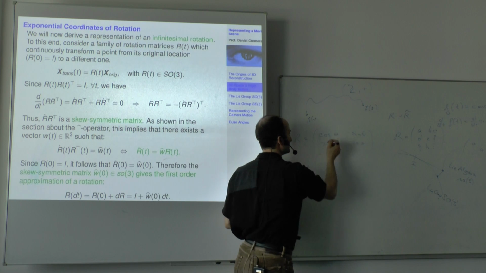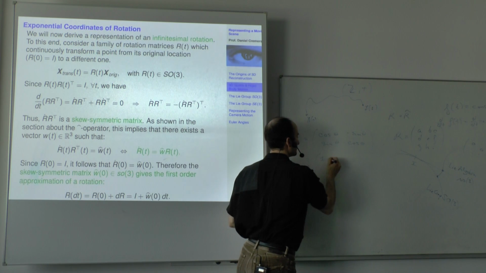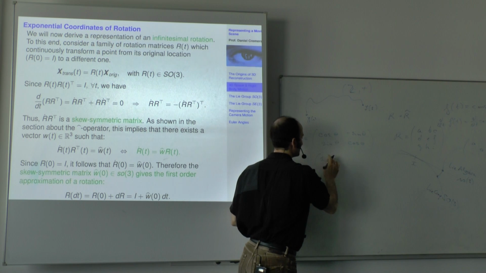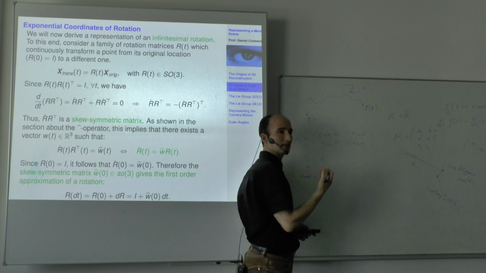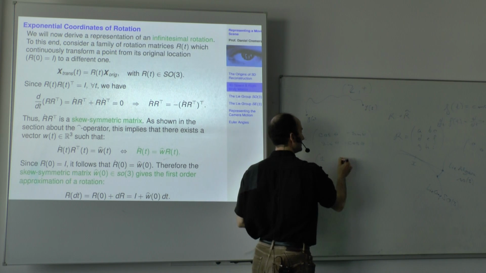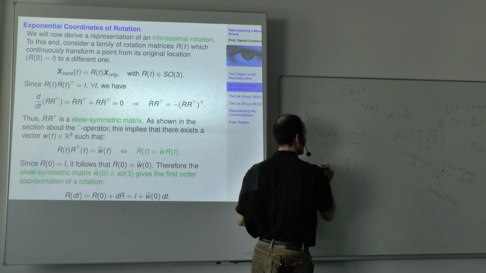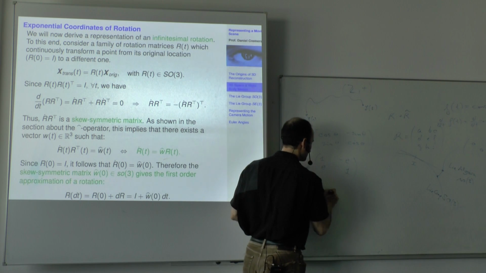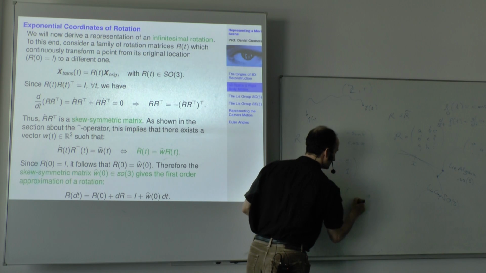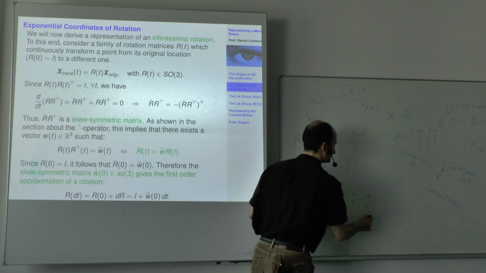And what I get is cosine theta is 1, and then the next term is in theta squared, so I can drop that. And sine theta is the first order expansion, just theta. And so this is nothing but the unit matrix plus the matrix with minus theta, theta, 0, 0.